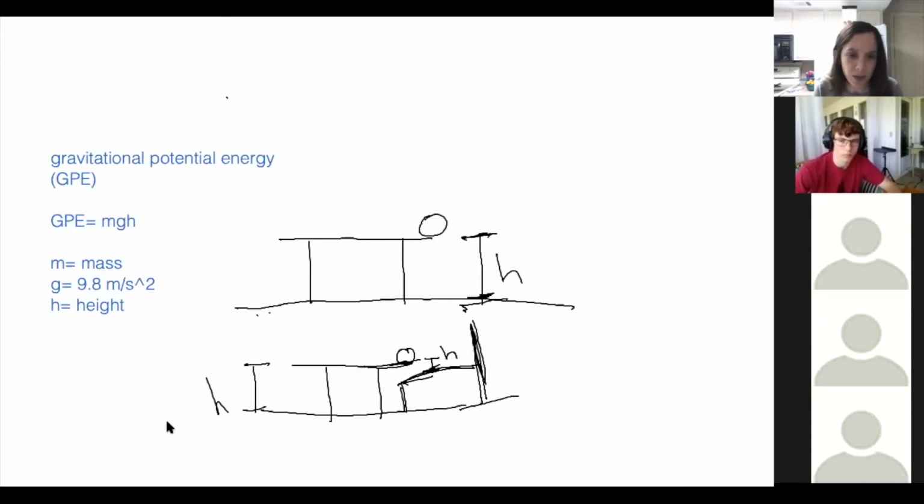So we would call the zero height the reference point. On this side, this would be the reference point, where height would be 0 on the ground. Over here, the reference point would be the chair. And that's where we call height 0.